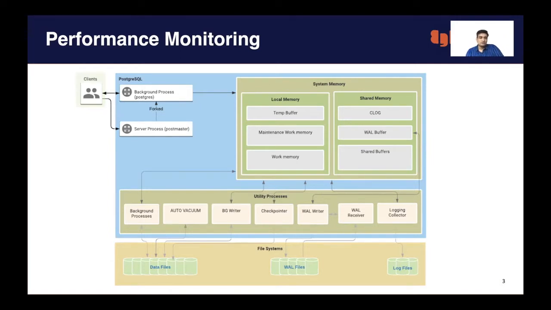Many of you may know how Postgres really works, that it is a process-based architecture. Whenever a client asks for a connection to the Postgres server, it does the authentication, and then forks itself to create a new process to process the client request, creating a dedicated process for that connection.